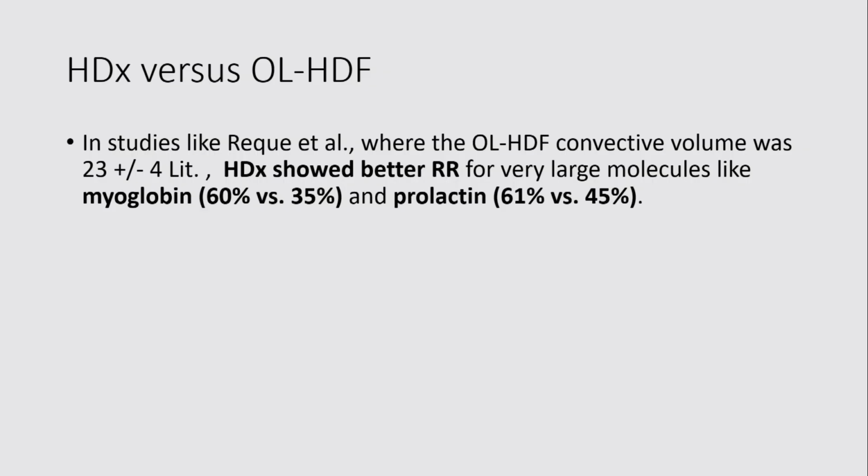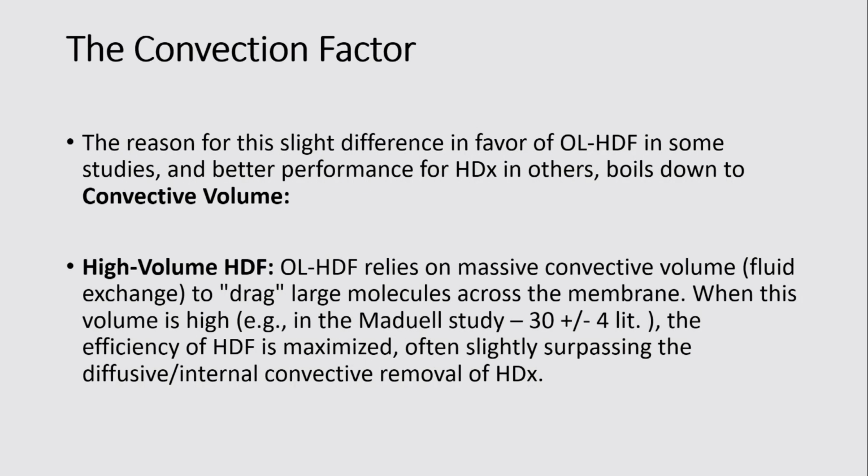But in other studies done by Recke et al., where the online hemodiafiltration convective volume was 23 plus minus 4 liters, expanded hemodialysis was found to be better for large molecules like myoglobin and prolactin. So what is driving this difference is the convection factor.